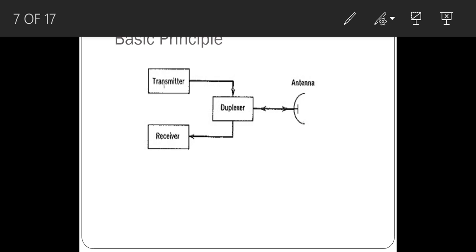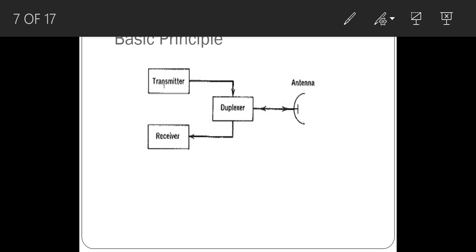The function of the duplexer is to isolate the transmitter and receiver during transmission and reception, to protect the receiver from the high power transmitter, and to help us use a single antenna as a transmitter antenna or as a receiver antenna.